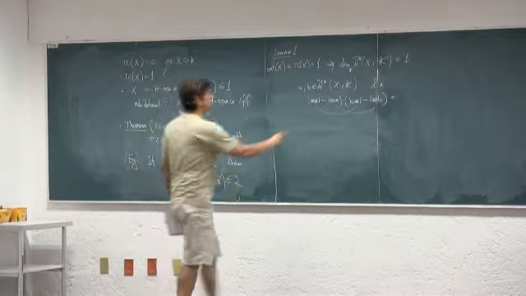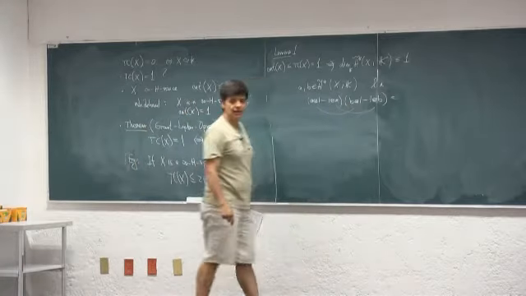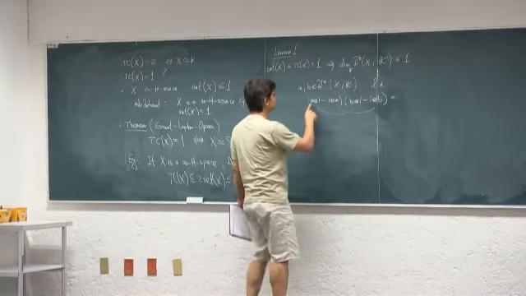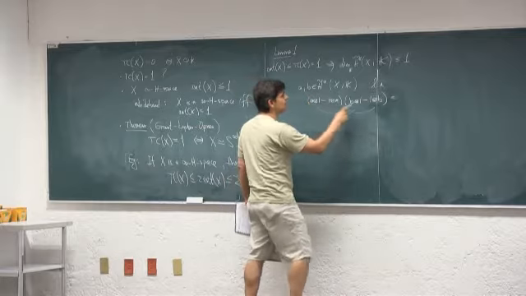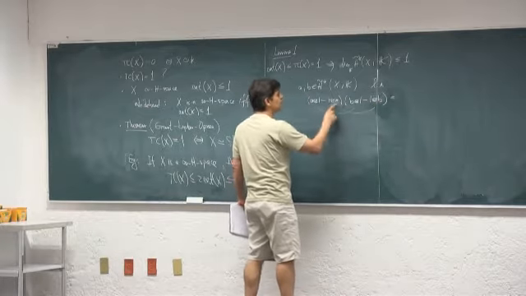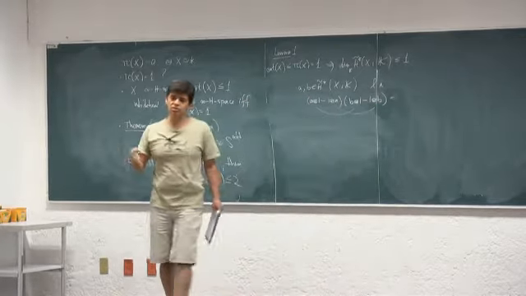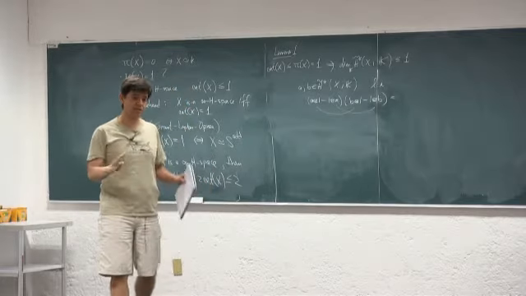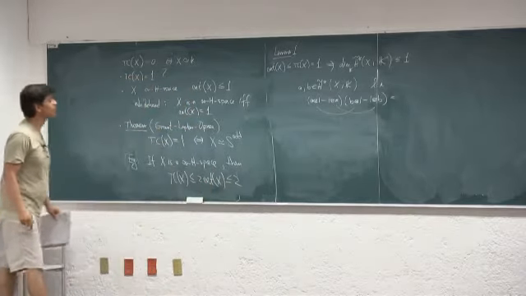So what is left, up to signs, is A tensor B and B tensor A, and those are just part of a basis because these are linearly independent.